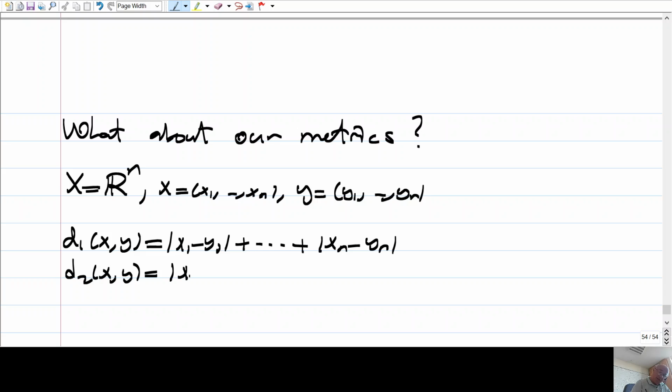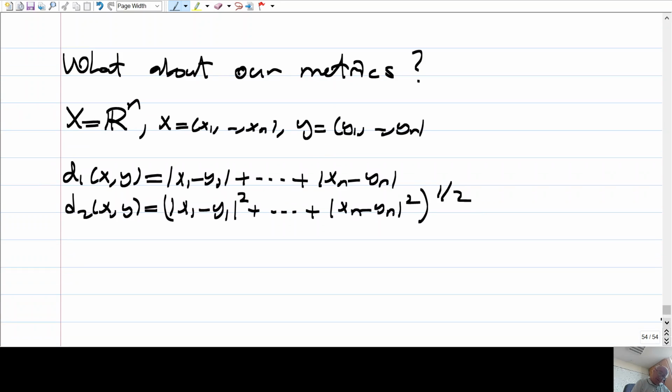This was the square root of the sum of x1 minus y1 squared up to xn minus yn squared.